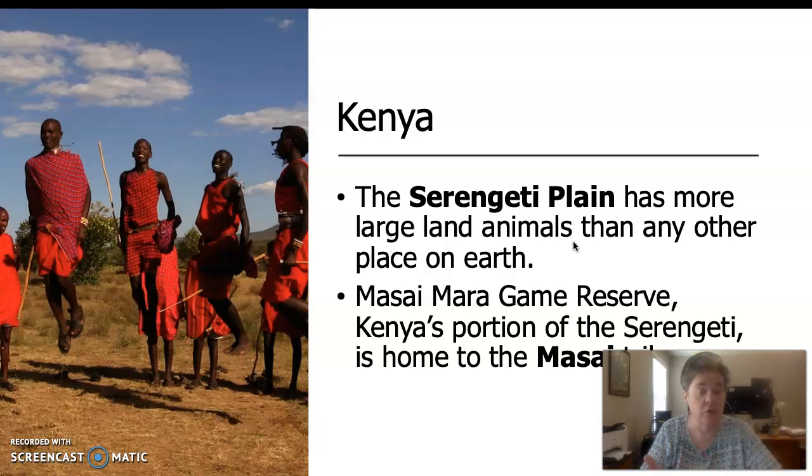It's one of those things we need to work at preserving, because that is a source of drinking water and irrigation for the people of Africa. And without that snow cover, those countries could potentially face starvation and dehydration issues in the future.